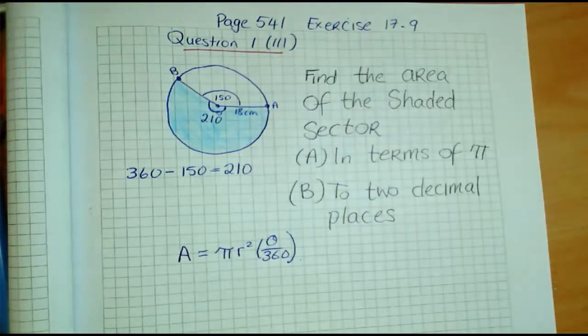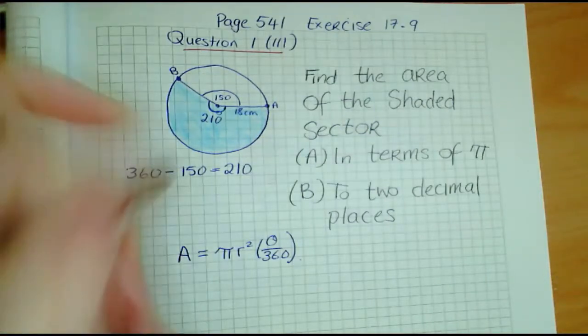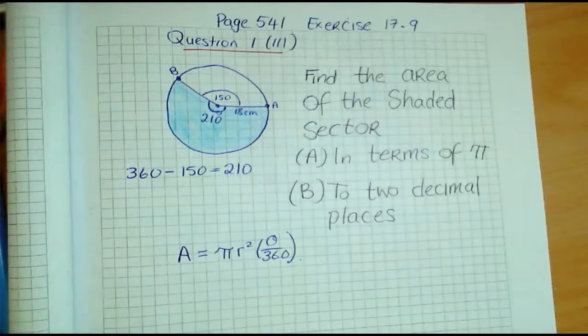Now we're looking for the area, so that might have caught a few people out, that some people might use 150 instead of the 210, so just be aware of what you're looking at, okay? If you're looking for the area of the shaded region, it's the angle within the shaded region that we're using, okay?